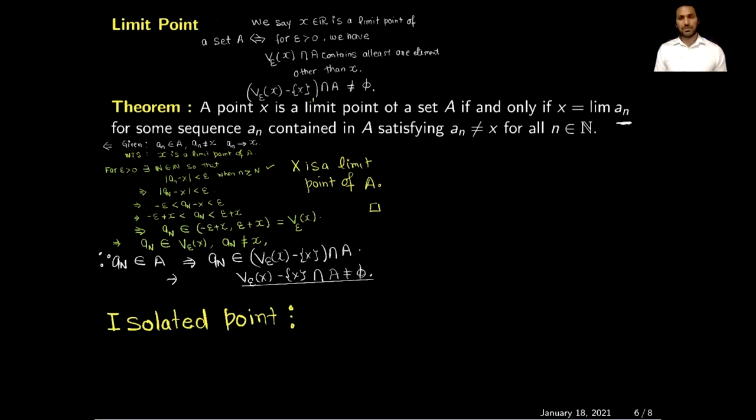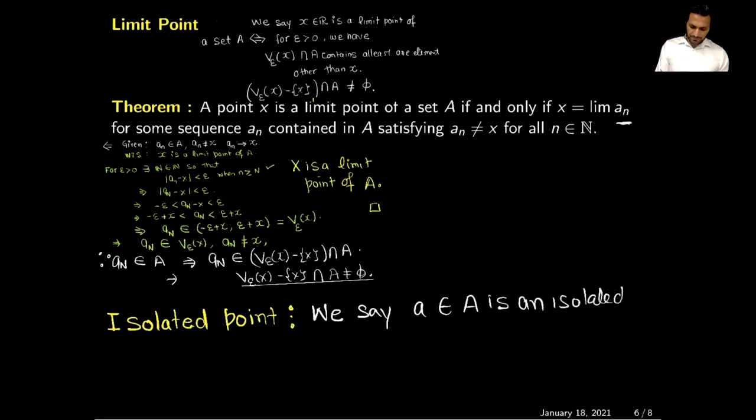Next I will give you the definition of an isolated point. We say an element a of the set is an isolated point if and only if a is not a limit point.